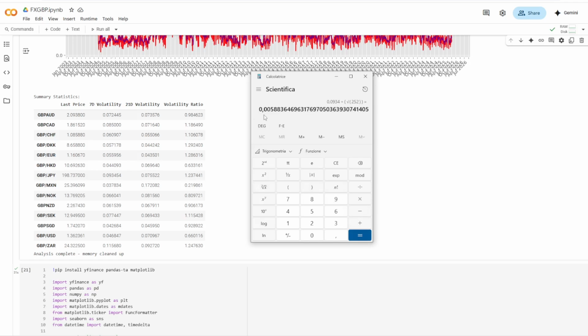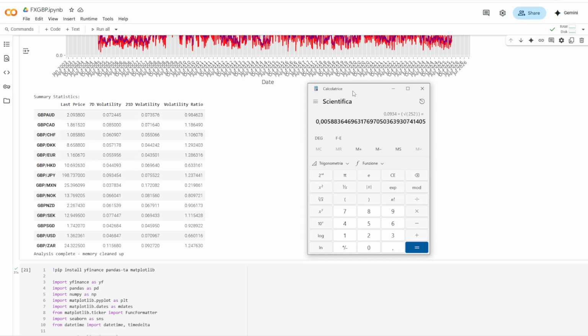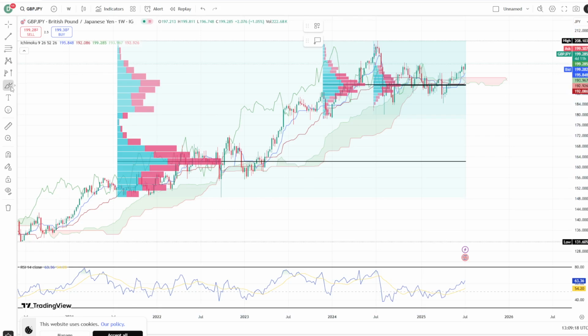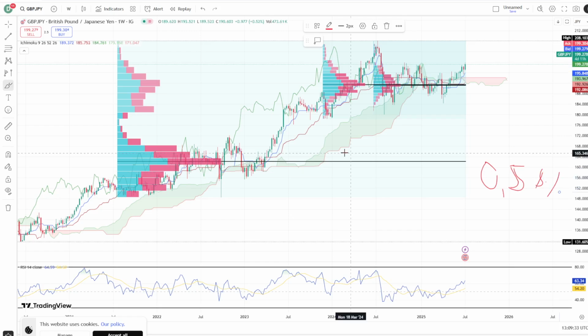Okay, so we have 0.00588, which is approximately 0.58%. So we can expect that pound yen on average every day moves by an awful 58%, okay? And so I can expect plus or minus.